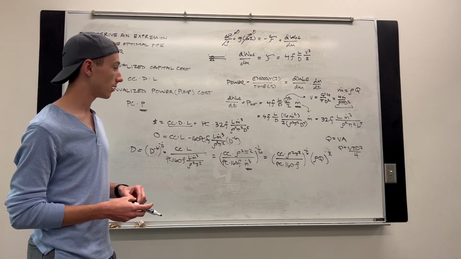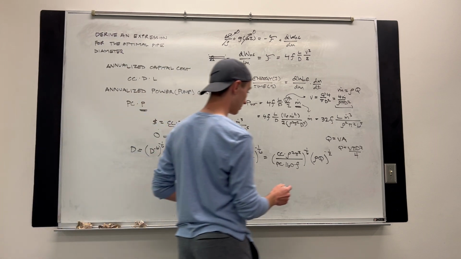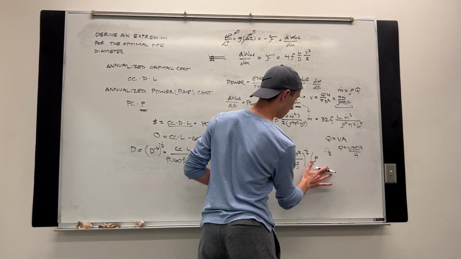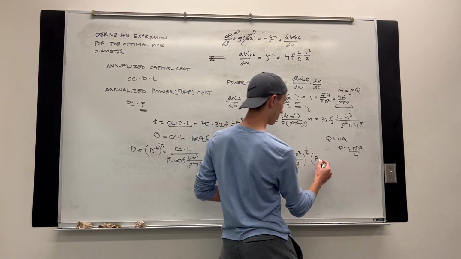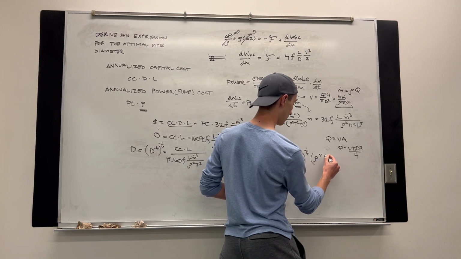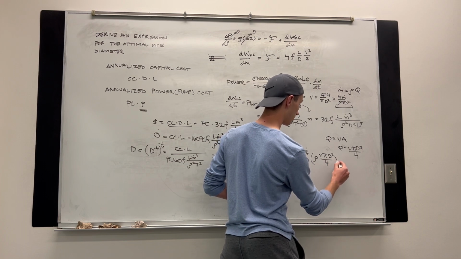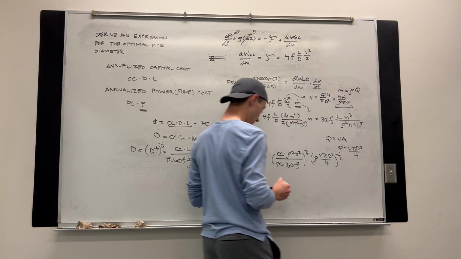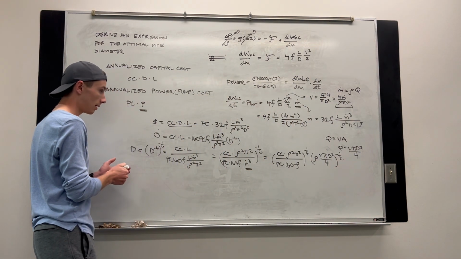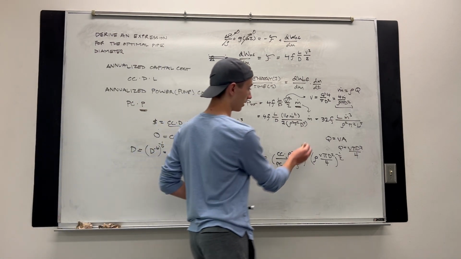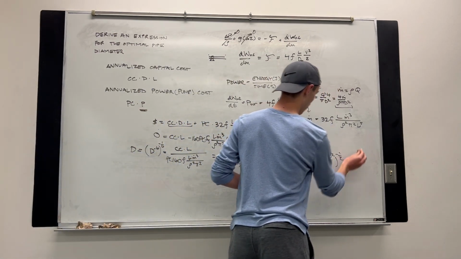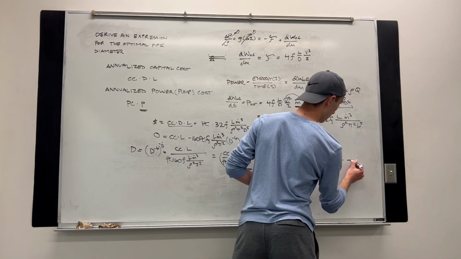Okay. And so we can put this back into here. We get V pi d squared over 4 to the negative 1/2. Okay. And that is our expression there for the optimal pipe diameter.